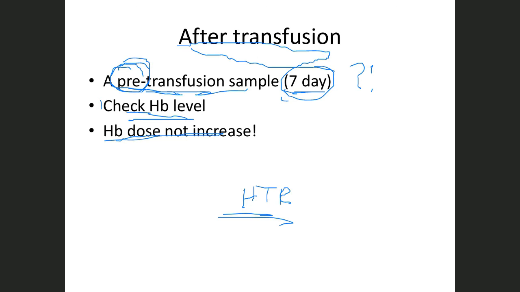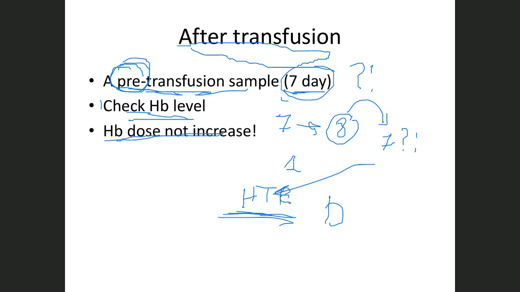So we have to check the hemoglobin level. If it's 7, it should become 8 if we transfuse 1 unit. But what will happen if it comes to 8, but the next day it returns back to 7? We have to do an investigation, isn't it? So this is an indicator of a hemolytic transfusion reaction. We can do that test. We have to do an investigation of the transfusion, and it may show an ABO incompatibility, for example.